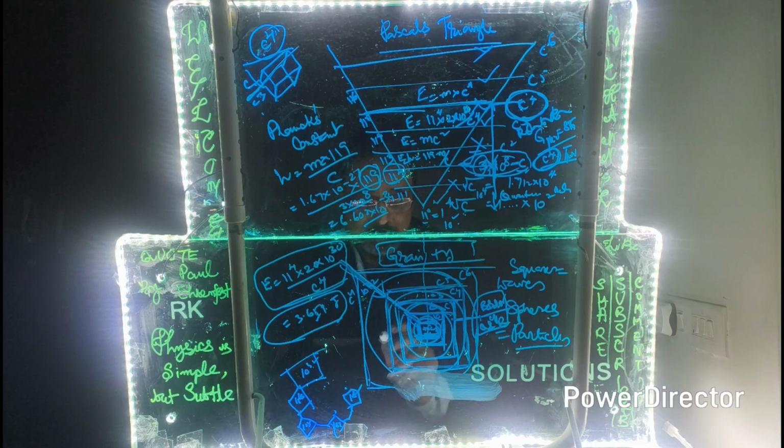Now you get the comparison of scale. Right here, if you take the scale, C was still here, the C4 is still there. If you take the comparison of scales, this is the quantum level.